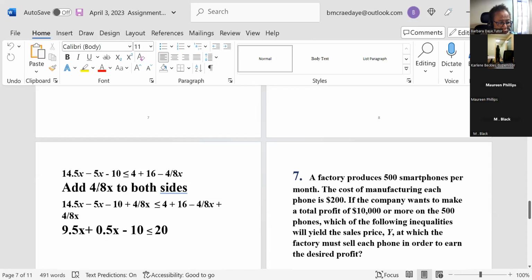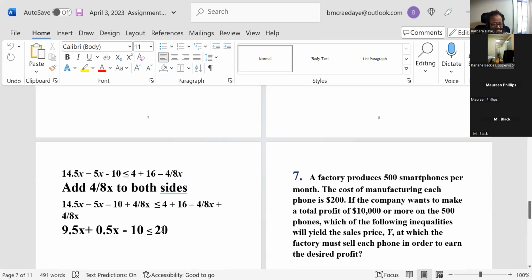Well, didn't we add 4/8x to both sides? That's how I ended up with the 4/8x right here. But then on the right side, I had a minus 4/8x and a plus 4/8x. That went to 0. So I just had 4 plus 16 left that we added and got 20. Oh, okay, I know, you get the 0 now.